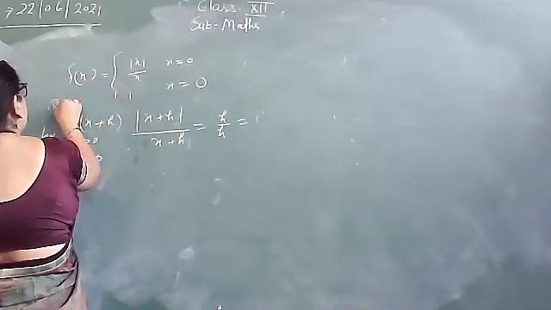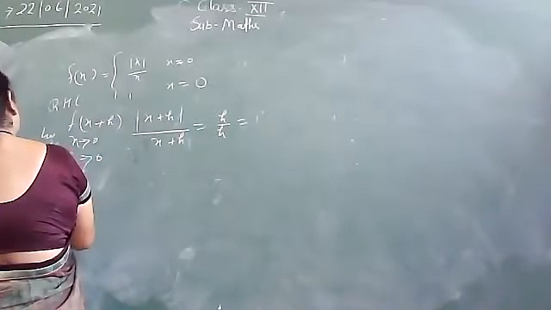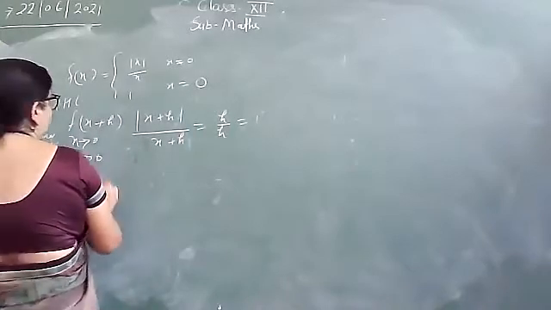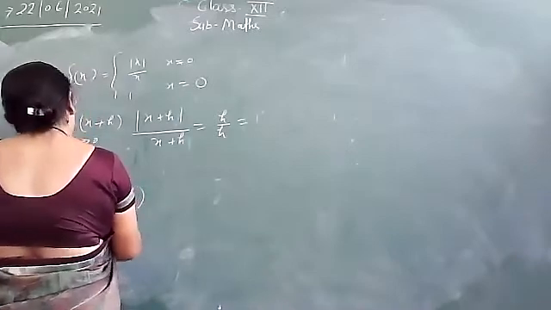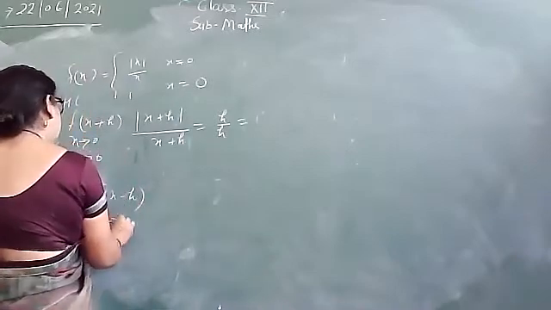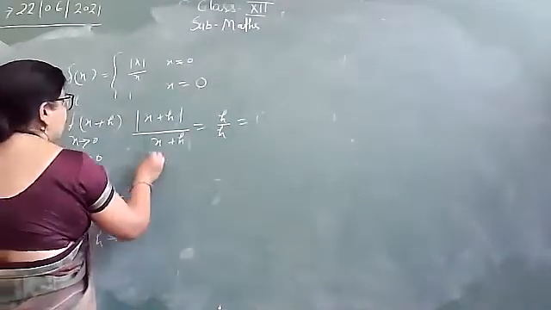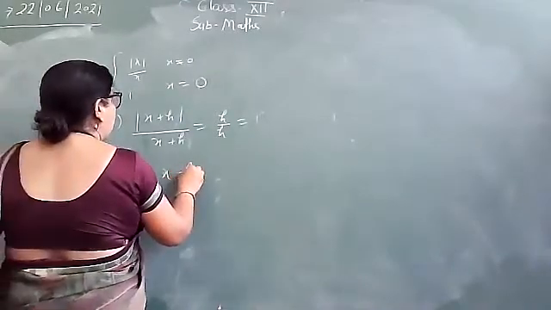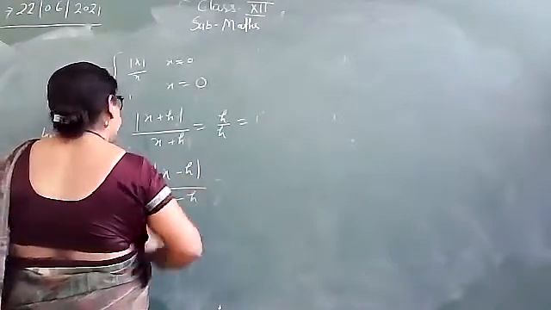Now this is the RHL and this is the LHL. For the LHL, we use f(x minus h), the limit as x tends to 0. So here is h minus h upon x minus h.